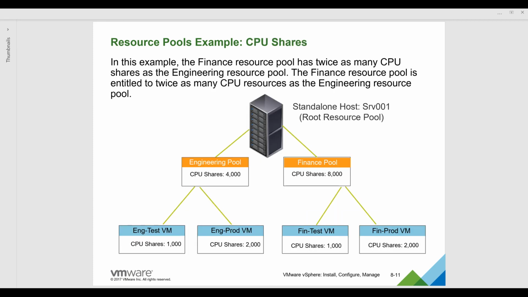So now in this example, the finance pool has 8,000, engineering pool has 4,000. So all that does is, it's not really a number, I mean it is number of shares. What this is saying, the relation is the finance pool has twice as many CPU resources as the engineering pool has.